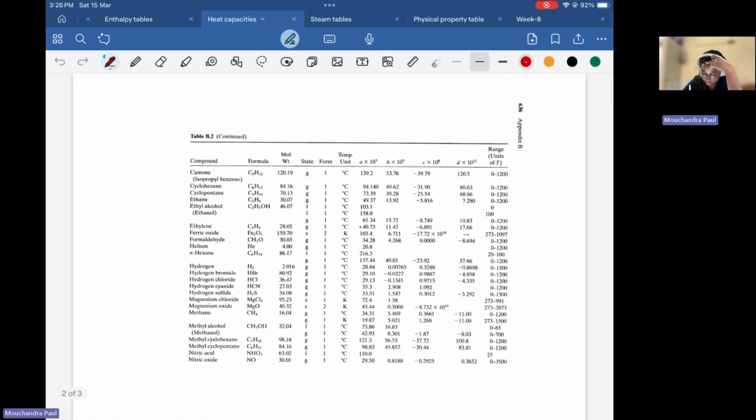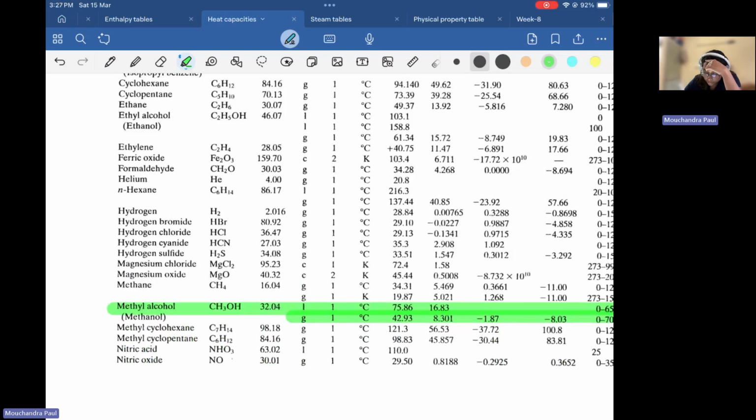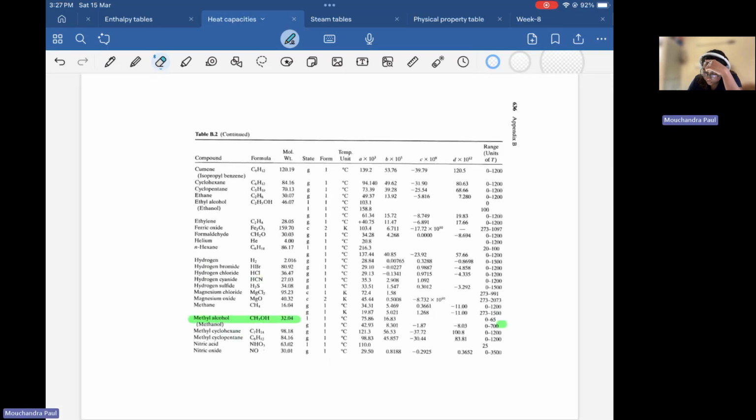If you find methane here, yes, there it is, methane is given in two forms, liquid and gas. We don't need the liquid form, we only need the gas form here.